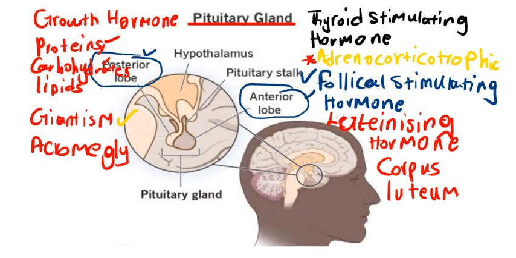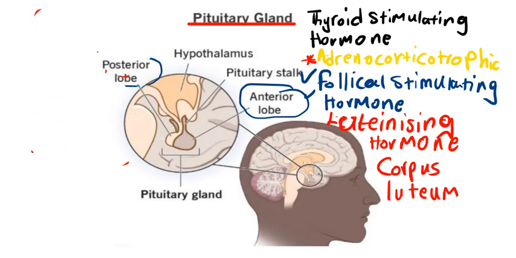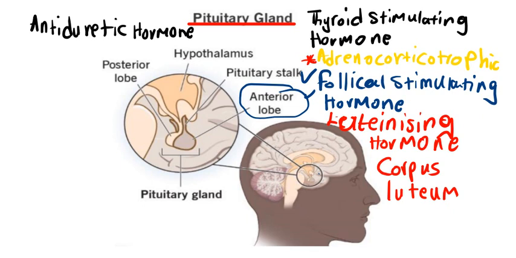Now, there's also this hormone which we call antidiuretic hormone. Now, this antidiuretic hormone is also known as vasopressin. That is the other name. So the short term, the antidiuretic hormone can be abbreviated as ADH.